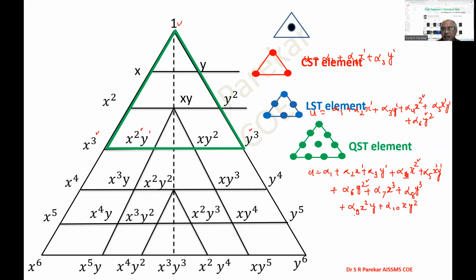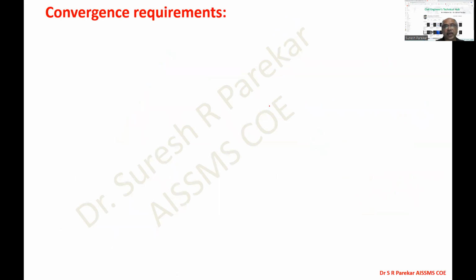Likewise, isotropic geometry we have to consider, and therefore the QST element is not going to be 9 noded. To maintain isotropic geometry, we have to make it 10 noded, and we have to give one internal node in this QST element. So likewise, we have to go for these Pascal's triangles to achieve isotropic geometry.